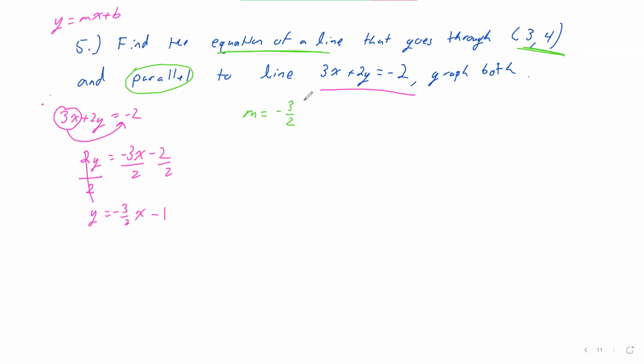So using this slope and this point, I need to find its equation of the line. So this is your x1 and y1. So this is where you're going to plug in that point slope formula. So y minus y1 equals m parentheses x minus x1.